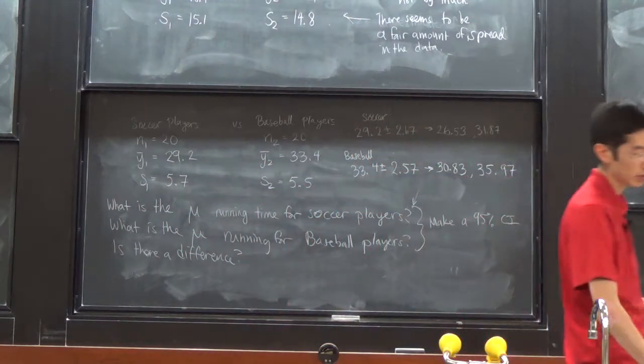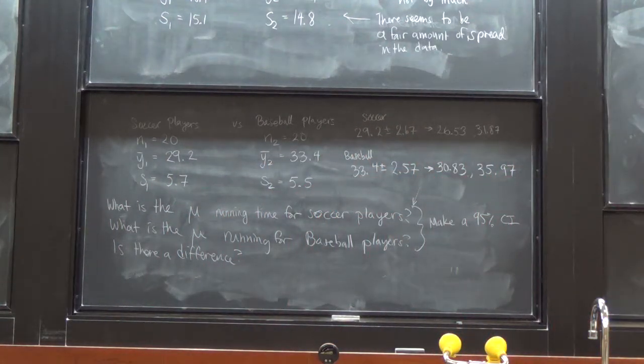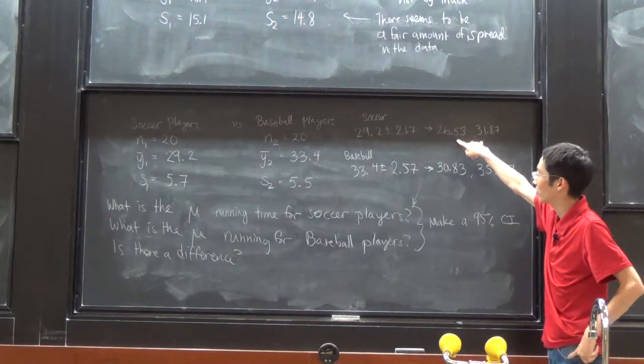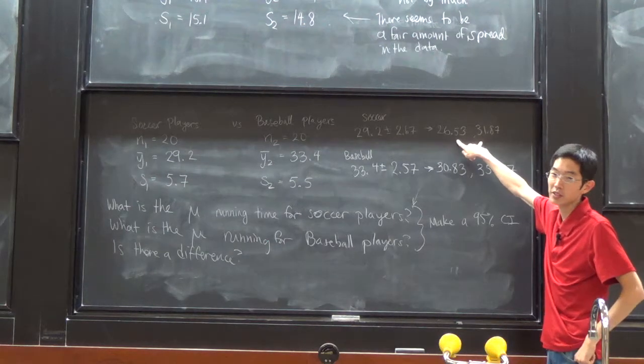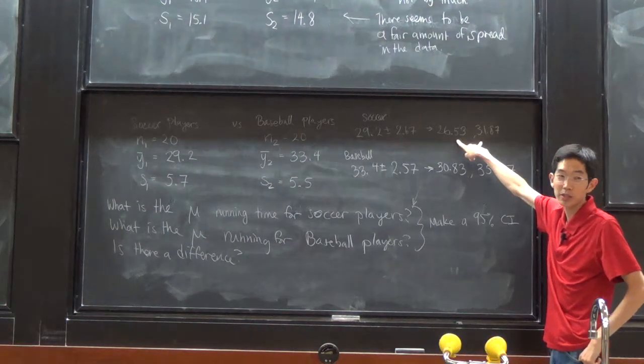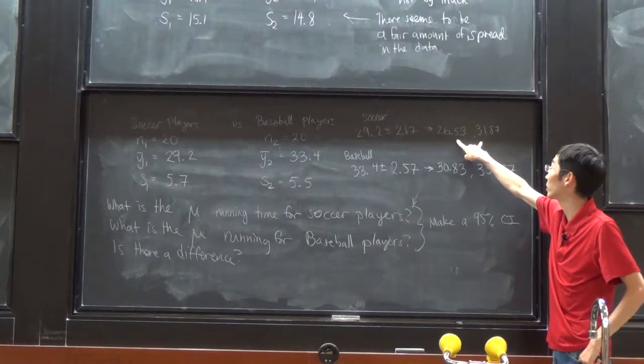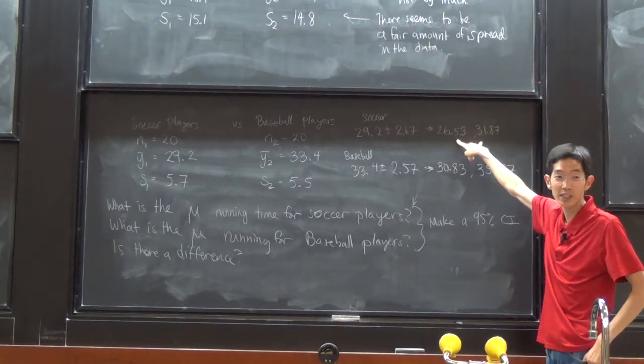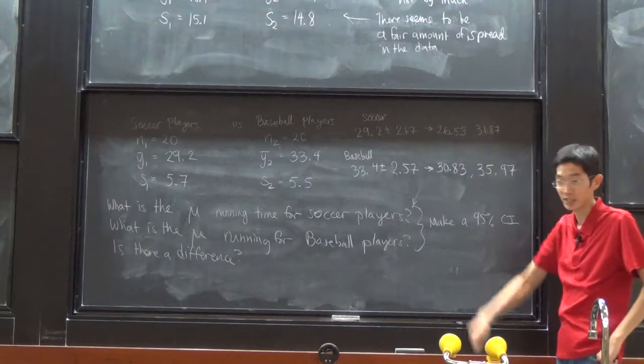We don't want to just say, look, I'm 95% confident that the mean running time for soccer players is between 26.5 and 31.87, or 31.9 seconds.